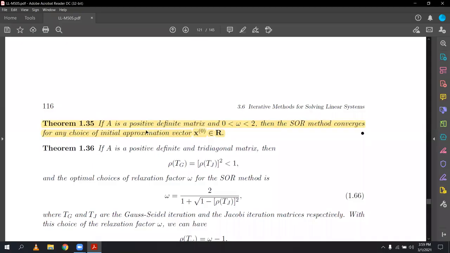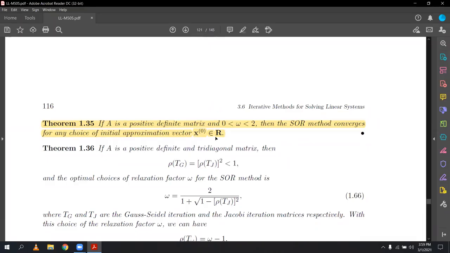Number one, if A is a positive definite matrix, and you already know what a positive definite matrix is, and the range of omega is between 0 and 2, then we say the SOR method always converges for any initial approximation we choose.